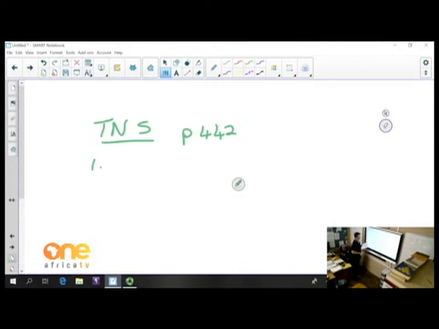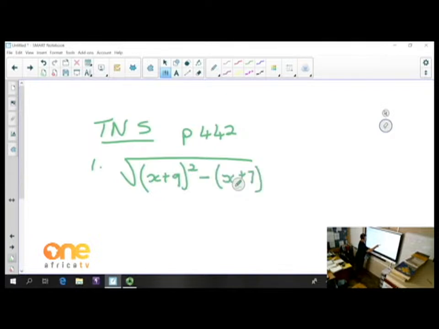Now, we're going to do the same thing here. X is one of the other sides, so I actually have to subtract. So now it becomes x plus 9 squared minus x plus 7 squared is equal to x squared. That's applying Pythagoras.